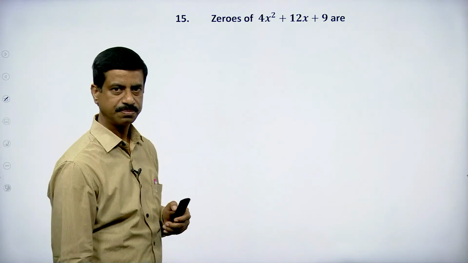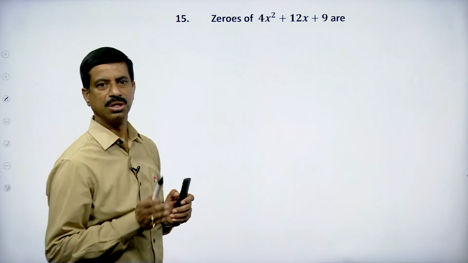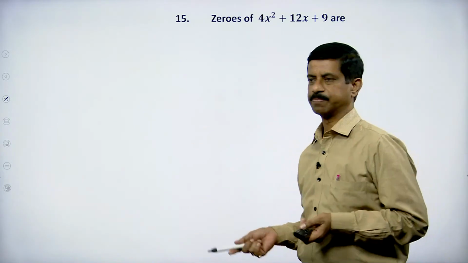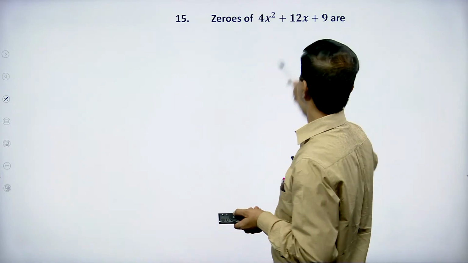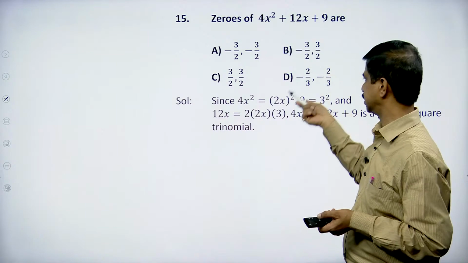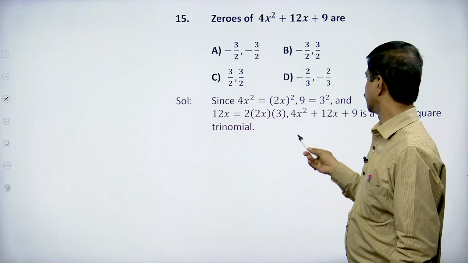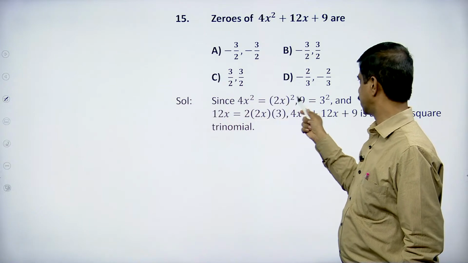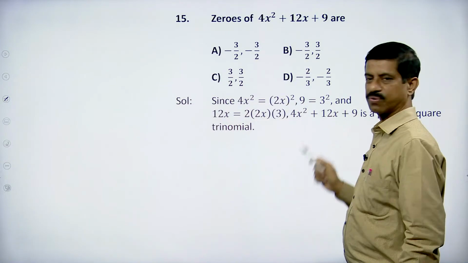Again, zeros means equal to 0. This is nothing but solving quadratic equations, only one way. So, you should equate this to 0 to get it, or otherwise, as in the previous case, we take the factors. If you look at this, this can be written as 2x whole square, 9 is 3 square.